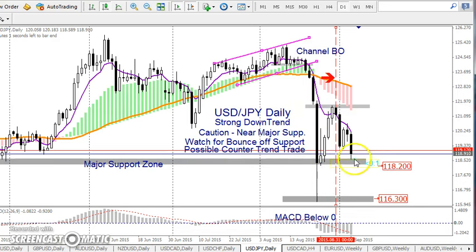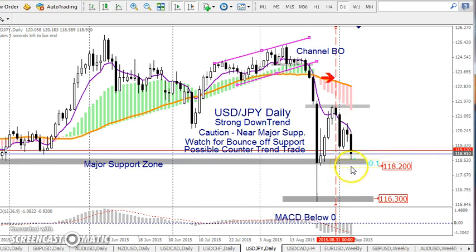And now it actually came back up to the major support zone. I'm going way back to May earlier this year, but this is going to be a very important key support zone area, the 118.20, 118.50.